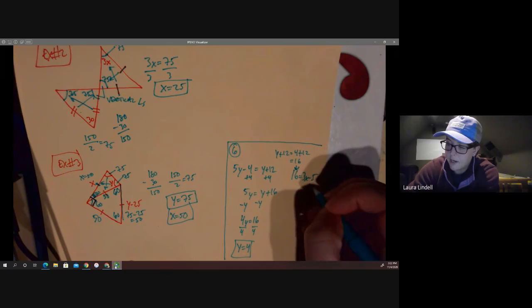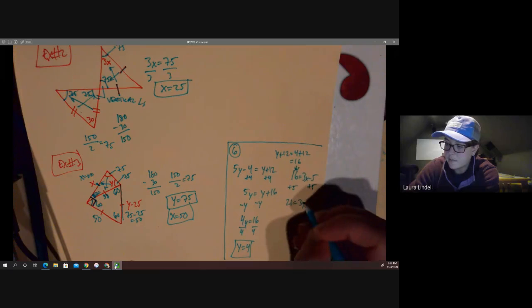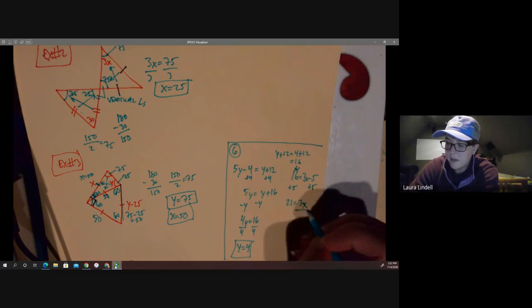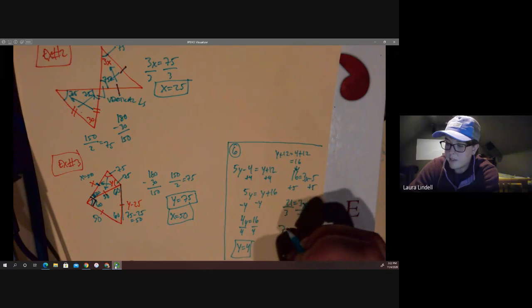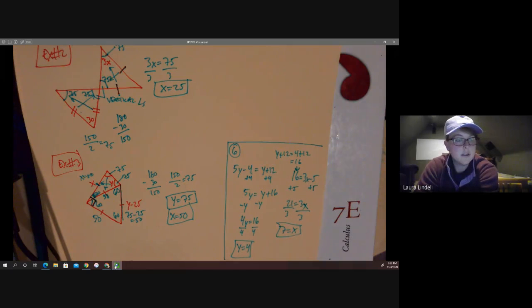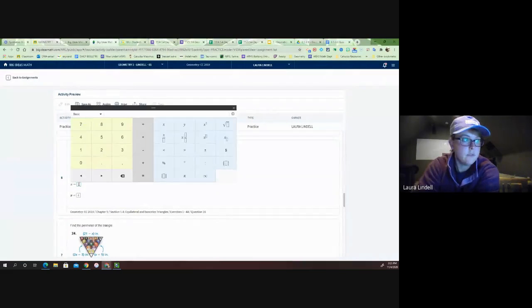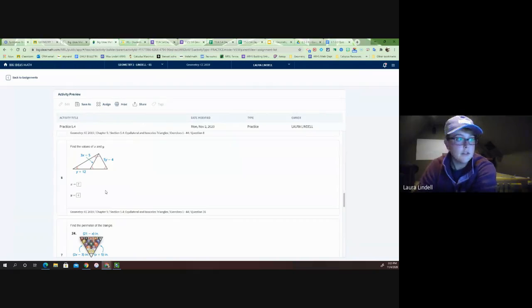So then we would add 5 to both sides to get 21 equals 3x. And divide by 3 on both sides to get 7 equals x. So our answer would be 4 for y and 7 for x. Okay, so that's kind of combining a few things there, but there's our answers.